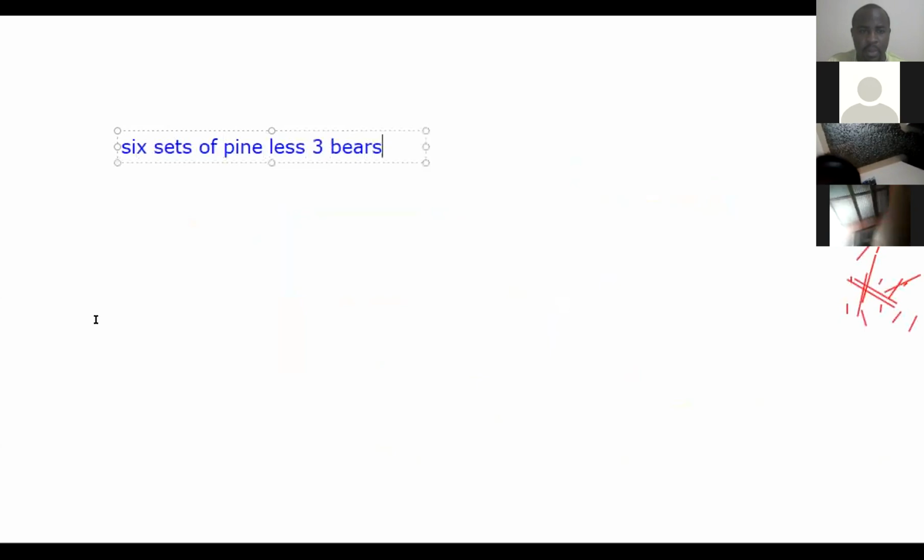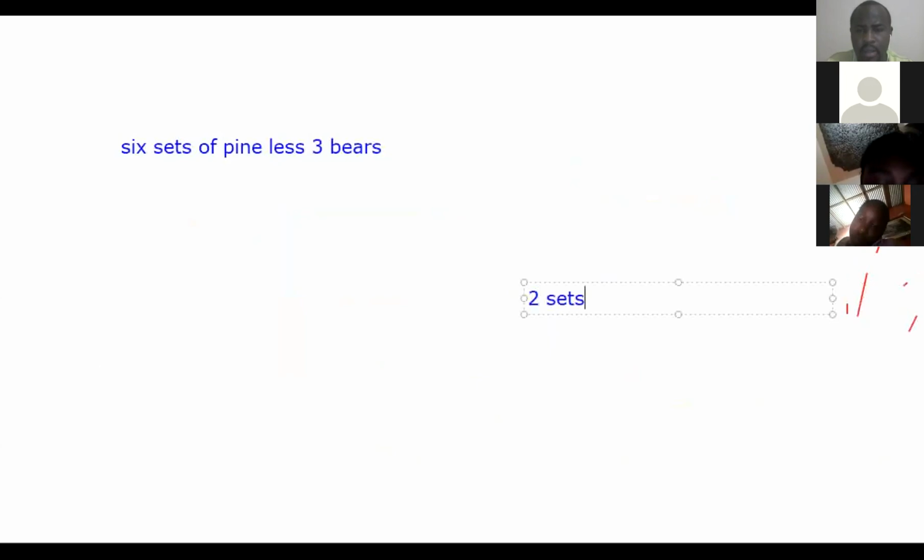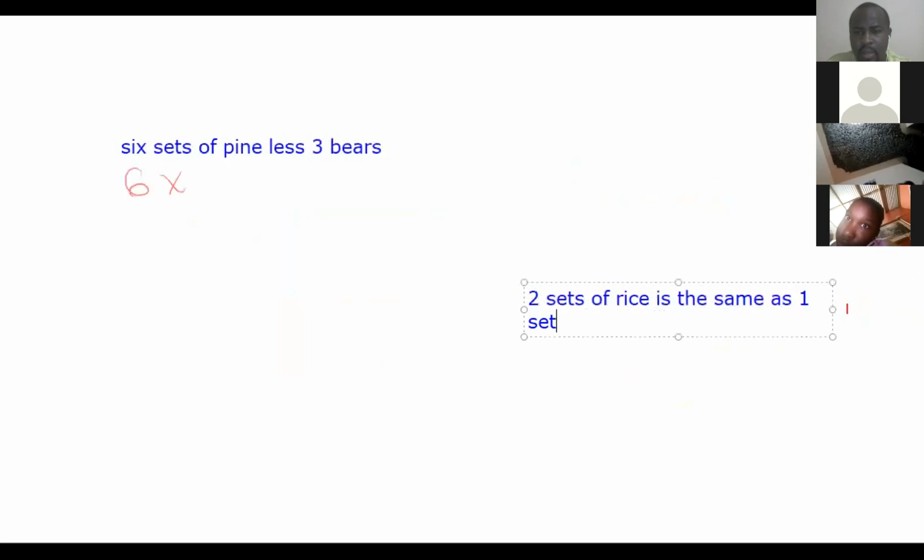So I want you guys to represent that one, then you're going to represent this one: 2 sets of rice is the same as 1 set of meat. Represent those 2 things for me, please.